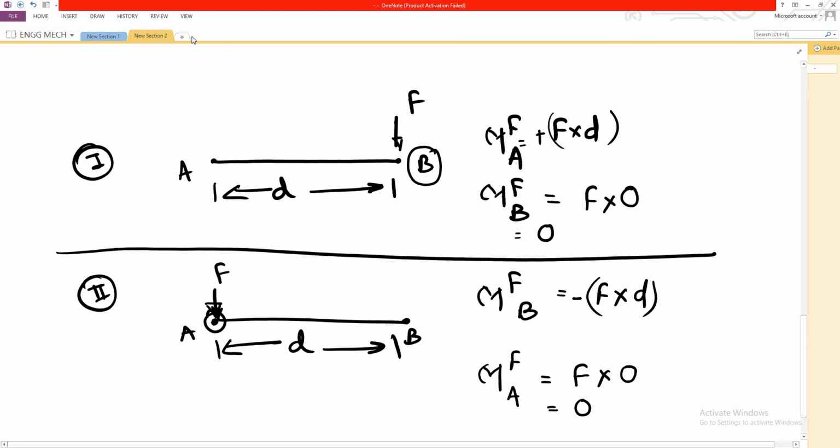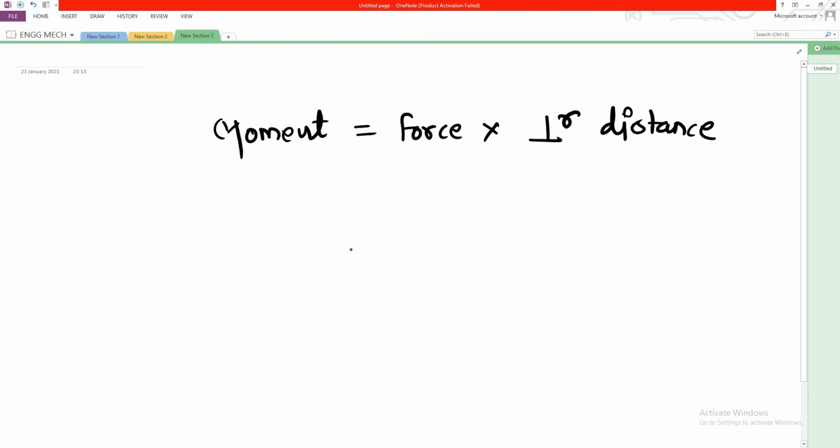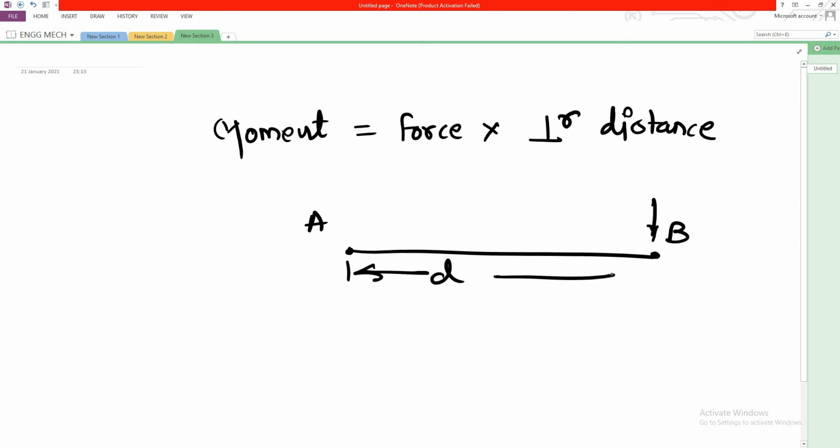To sum it up, moment mathematically is the product of force and perpendicular distance. Now which force and what perpendicular distance? Some span will be given and a force will be given. The span will have some unit, meter or 10 meter or whatever, and the force will have some value, kilonewton, Newton, 10, 100 kilonewton.